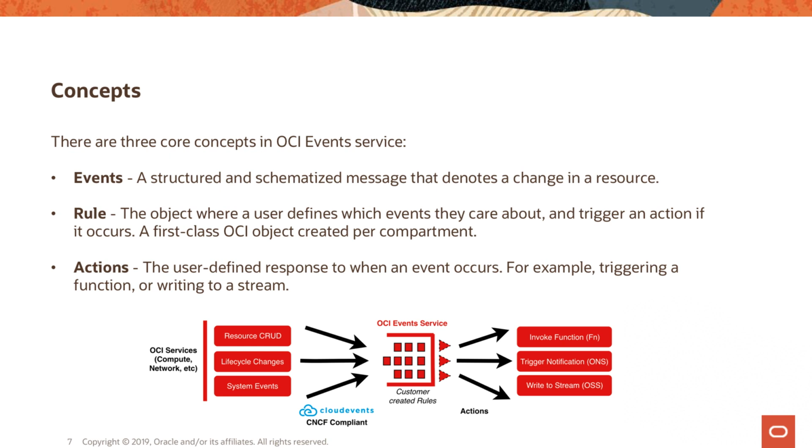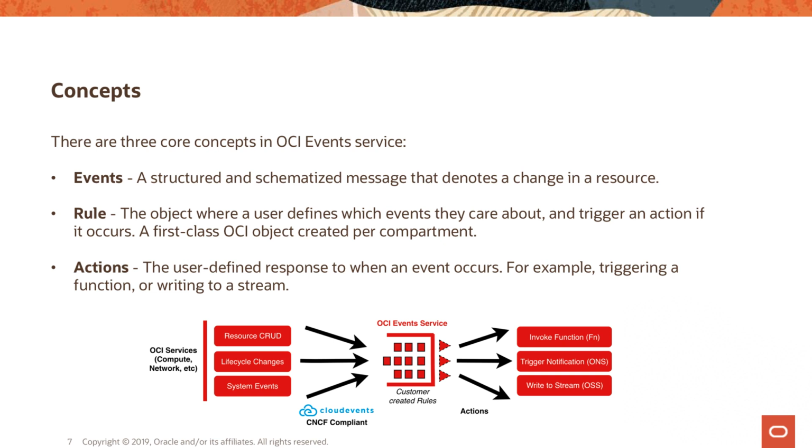And for example, as I was mentioning, the backup begin event and the backup end event for your database service is an example of event. And again, it follows the CNCF cloud events standard like we discussed earlier.